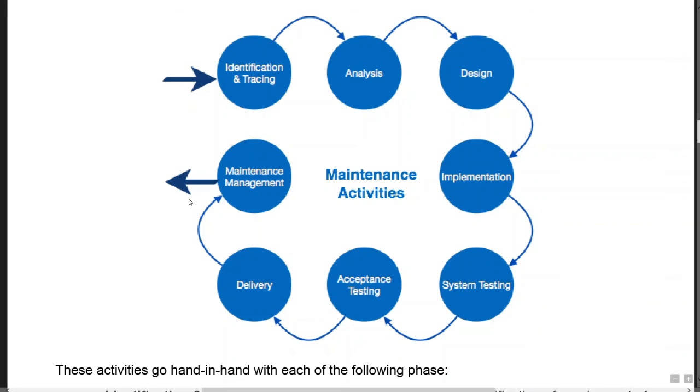So identification and tracing means that first you have to consider that all the requirements, all the considerations it should meet.